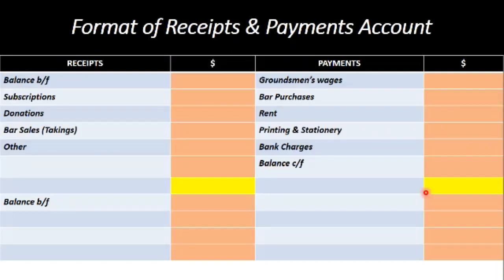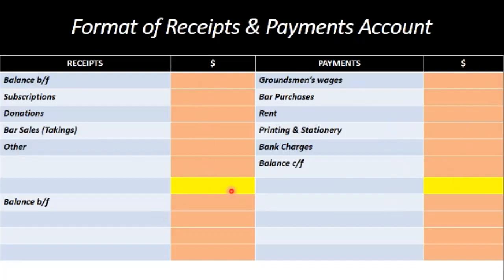Okay, we want to look first at the receipts and payments account. And we have here on the screen a format for it. It's similar to a cash account. The receipts on this side and the payments on this side, and you have a column for the amount.